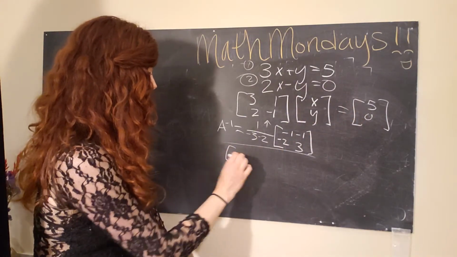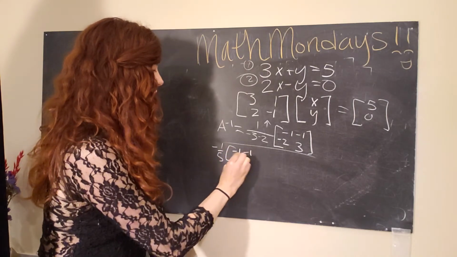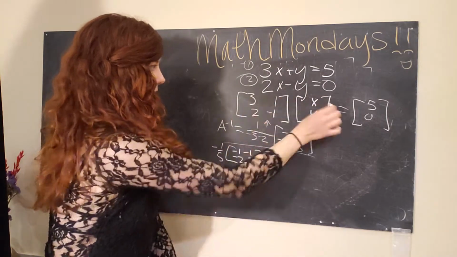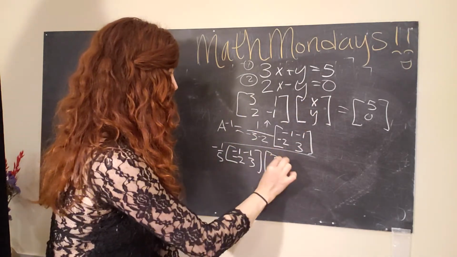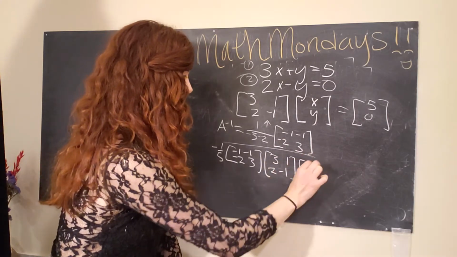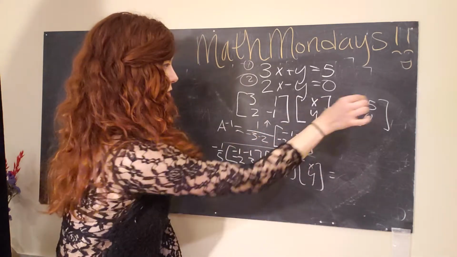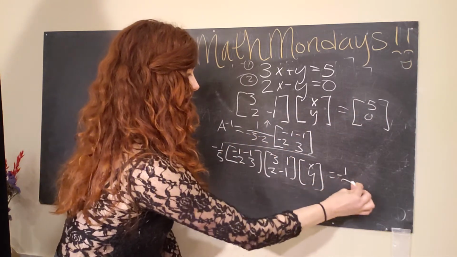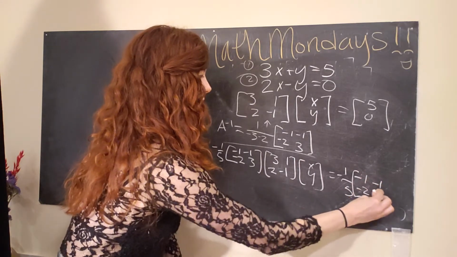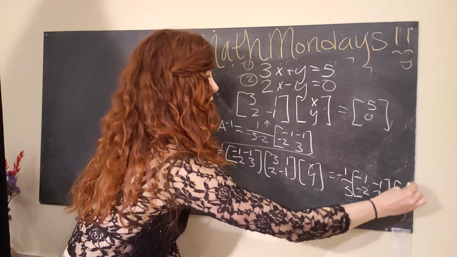We get -1/5 times the matrix -1, -1, -2, 3. We multiply by the left side of the equation, so we get 3, 1, 2, -1, and our little xy matrix comes over. And we multiply the inverse by the right side of the equation, so -1/5 times -1, -1, -2, 3 by 5, 0.